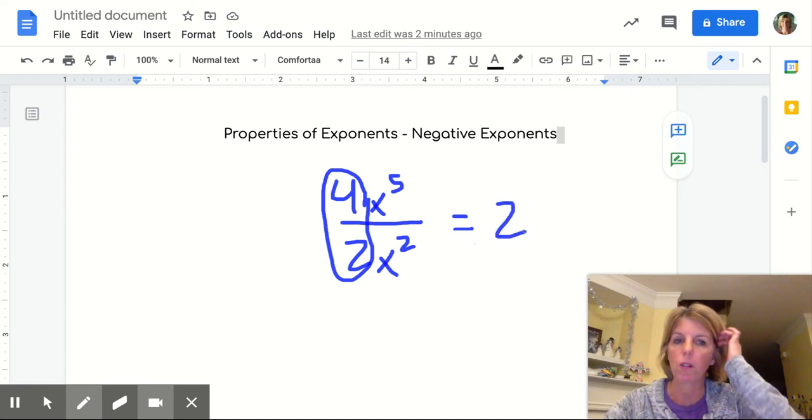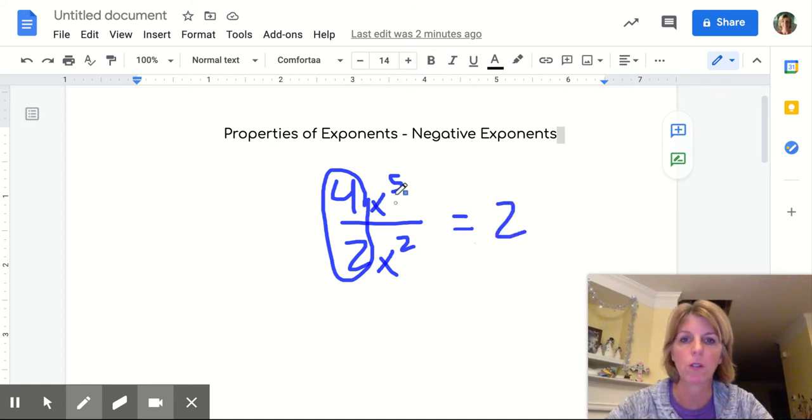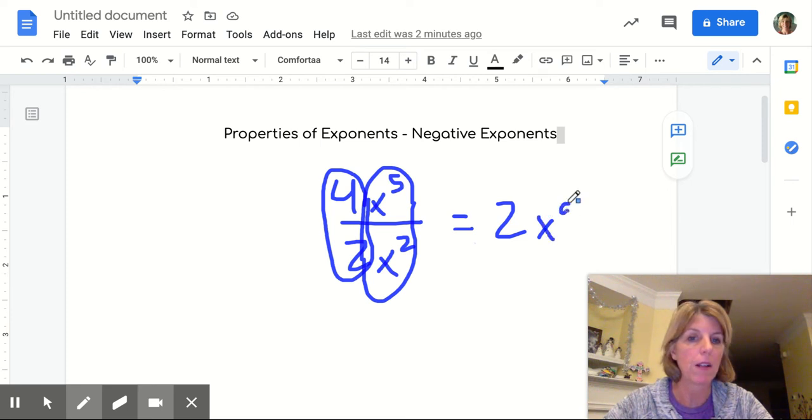Just treat that like a normal thing that you would normally do. And then this part, if I'm dividing exponents, when you divide, you subtract. So it's x to the 5 minus 2, right? 5 minus 2 really is going to be 3. So instead of writing 5 minus 2, we write 3. So it's 2x cubed. 2x cubed would be our solution for that, all right?